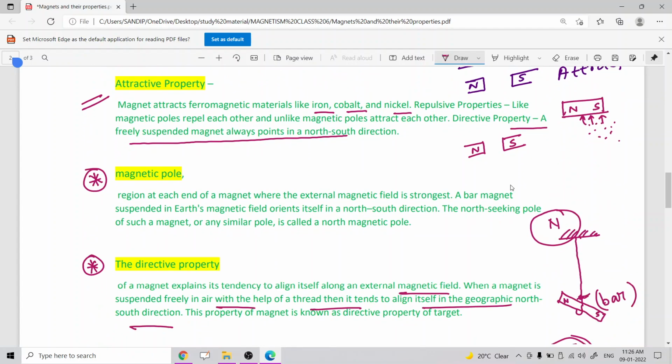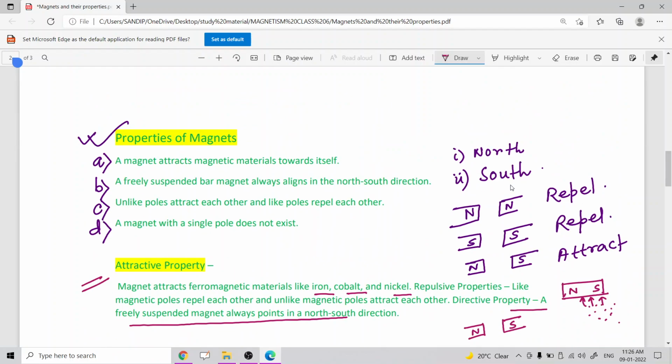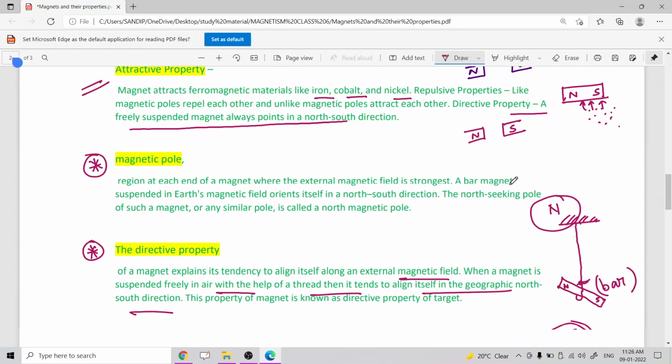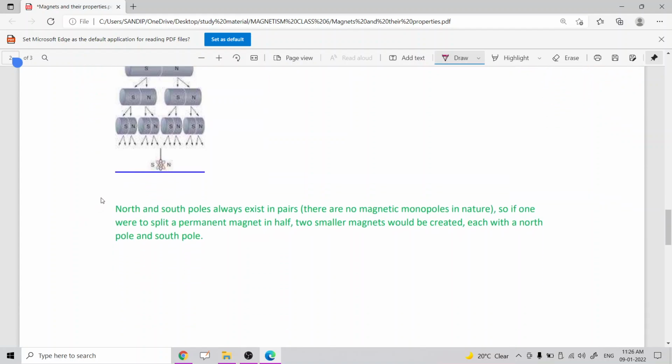Now we move to the next one, that a magnet with a single pole does not exist. The question is, do magnetic poles exist singly? Generally it is not possible. North and south poles always exist in pairs, not single. There are no magnetic monopoles in nature.